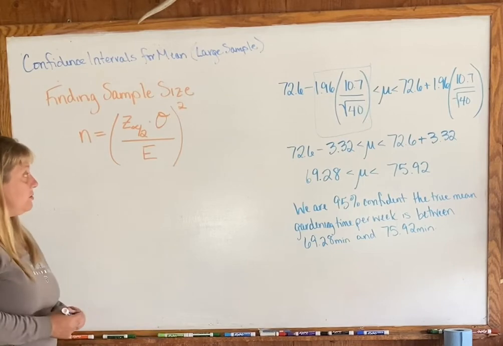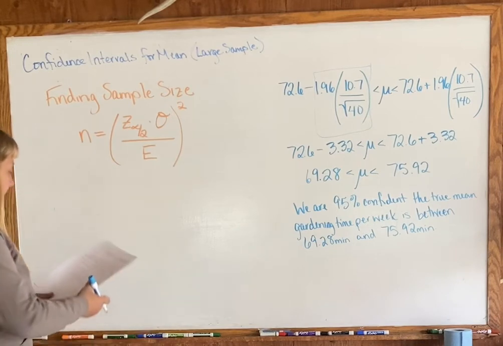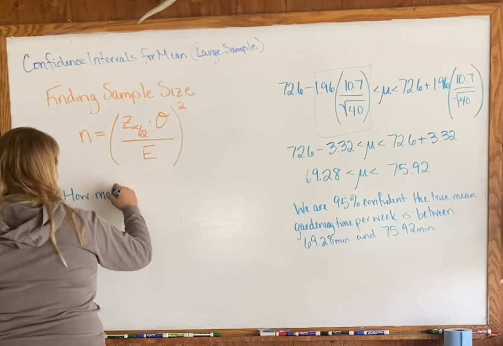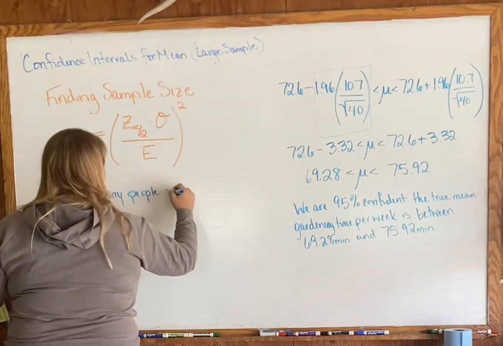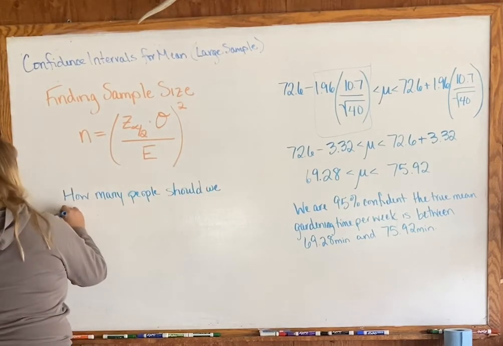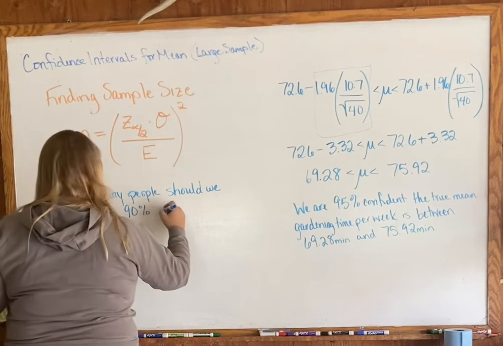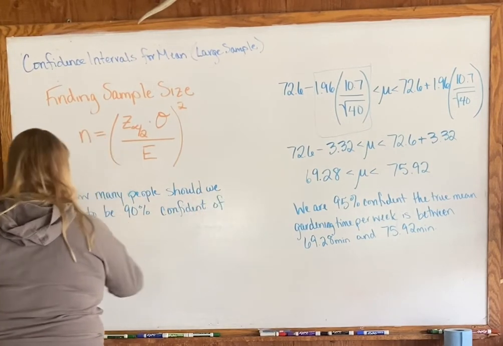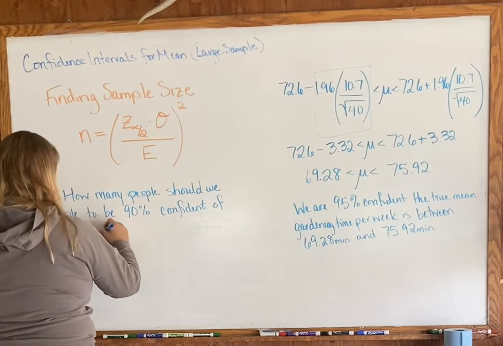All right, so let me do an example here and show you what this might look like if someone was to give you this problem. It looks like this. How many people should we sample to be 90% confident of their mean salary?